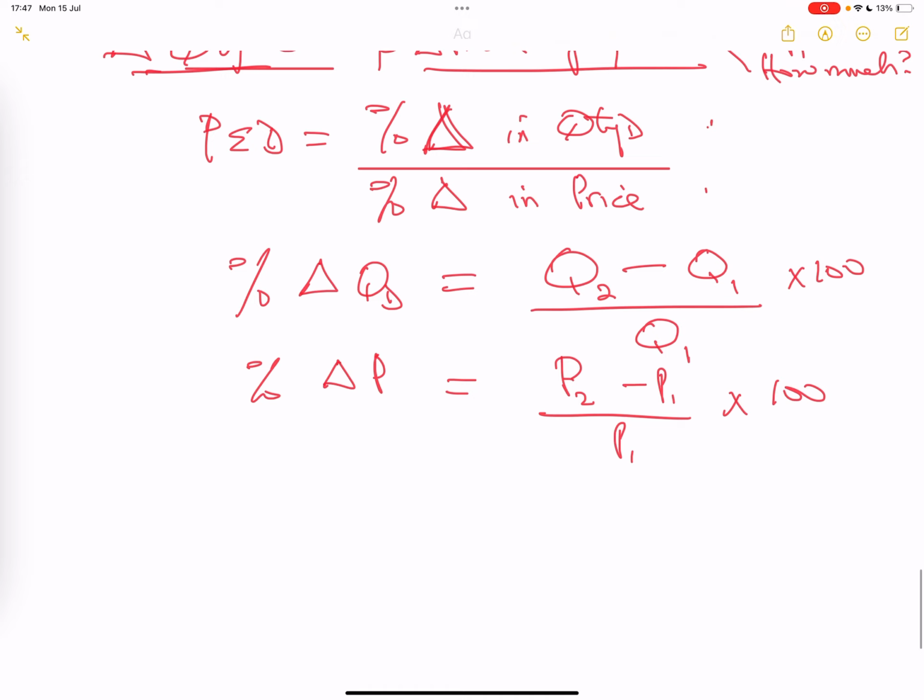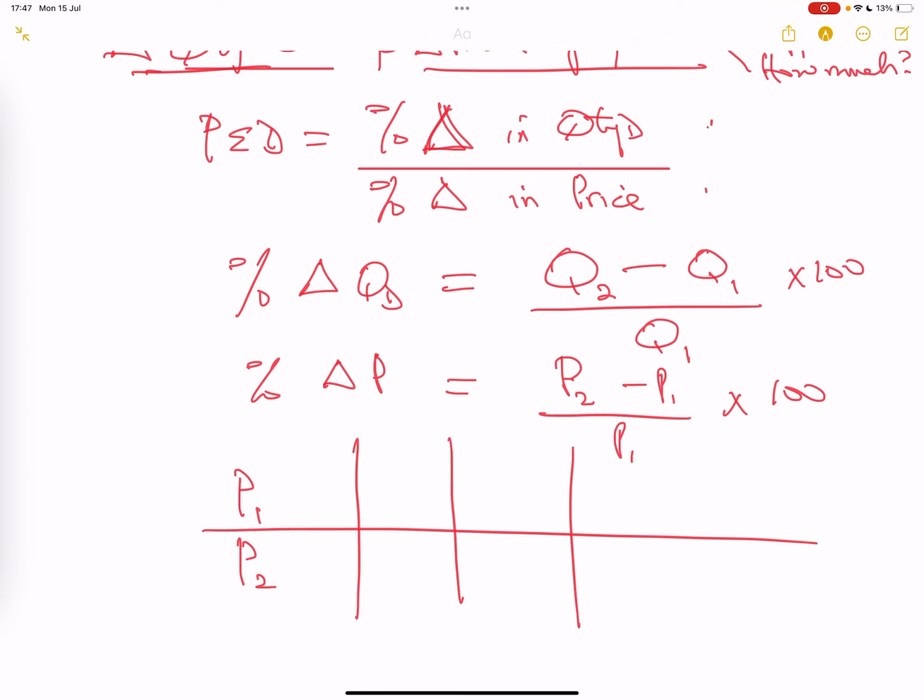Let me give you a cool example. Let's say you have price 1, price 2. Let's say this is price 10, 9. And quantity when it was 10 was 40, and at 9 was 60.